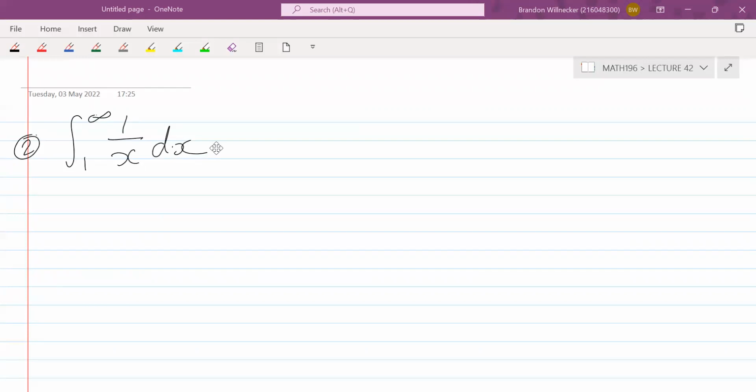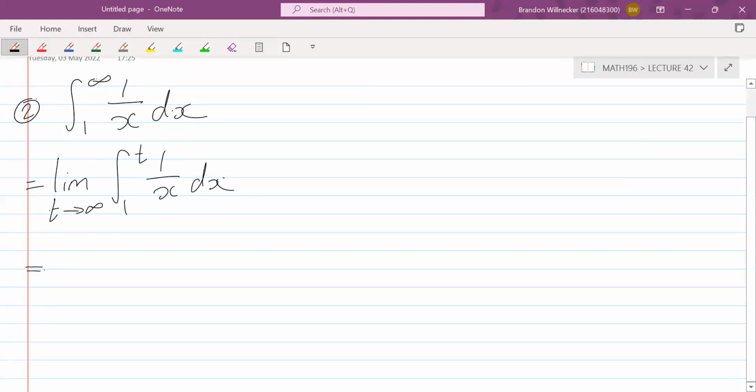So what do we mean by this? We mean the limit as t goes to infinity of the integral from 1 to t of 1 over x dx. That's what we really mean when we say that there's infinity in the upper bound. So let's do the integral and then take the limit.